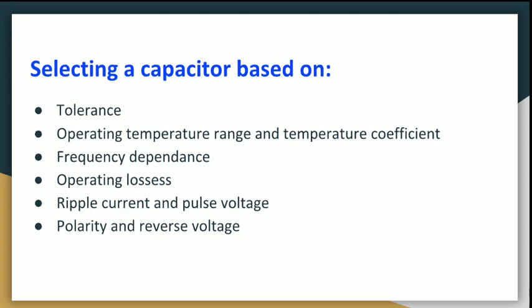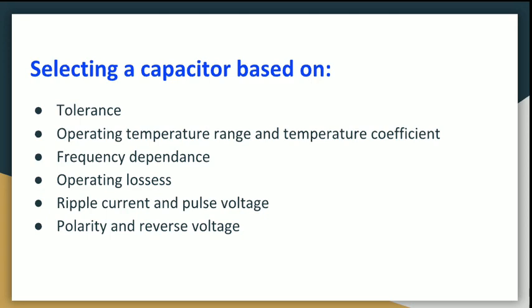Third one is frequency dependence. Many capacitors have their capacitance dependent on the frequency and may not be suitable for a specific range of frequencies. Depending upon the circuit, the frequency dependence of the capacitance should be essentially considered. Fourth one is operating losses.